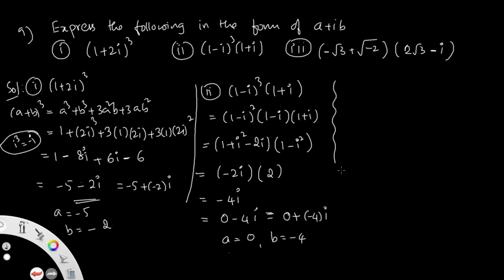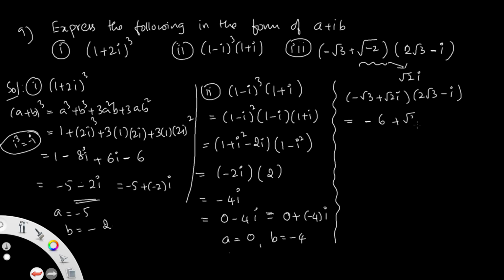In the same way, the third problem: square root of minus 2 is nothing but root 2 into i. So we read this value as root 2 into i. Minus root 3 plus root 2 into i, into 2 root 3 minus i. Just do a general multiplication: minus root 3 into 2 root 3 is minus 6, minus into minus is plus, that is root 3 i, plus root 2 i into 2 root 3, which is 2 root 6 i, minus root 2 into i square.